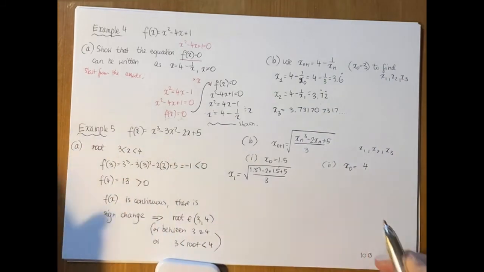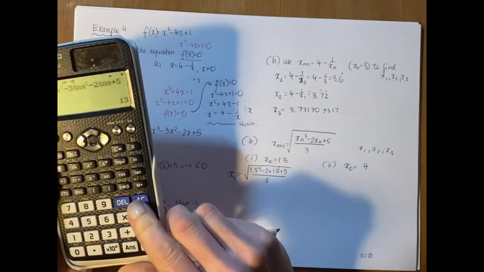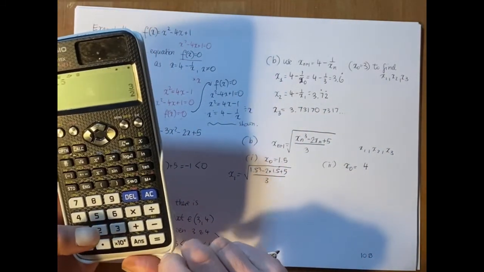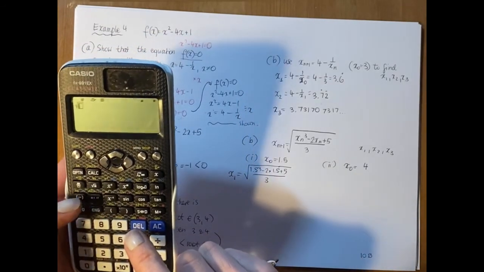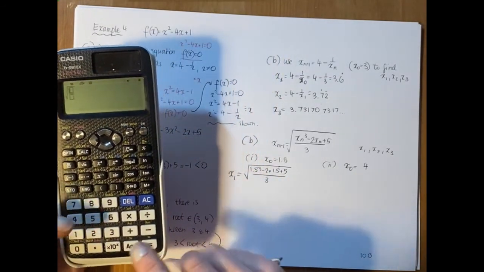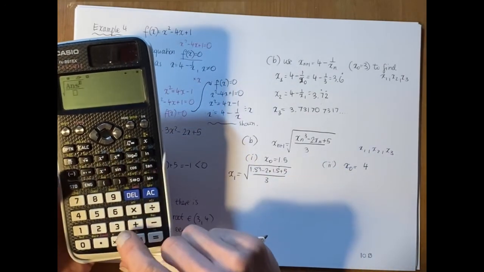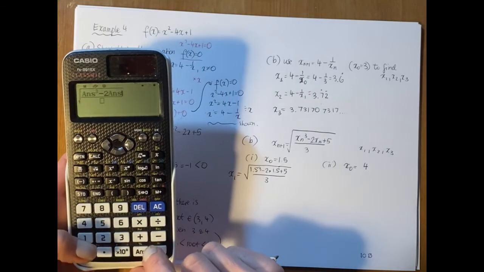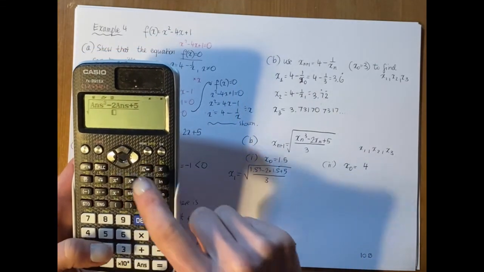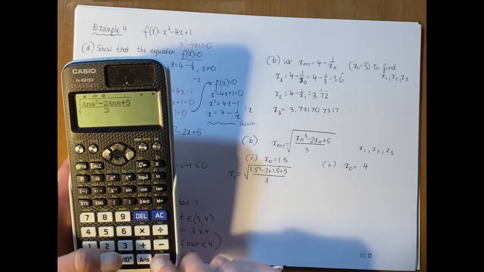But I'm going to use the calculator to find all the others in a quick way. So we're going to use ans to the power of 3 minus 2 ans plus 5 in the numerator. In the denominator we've got 3.